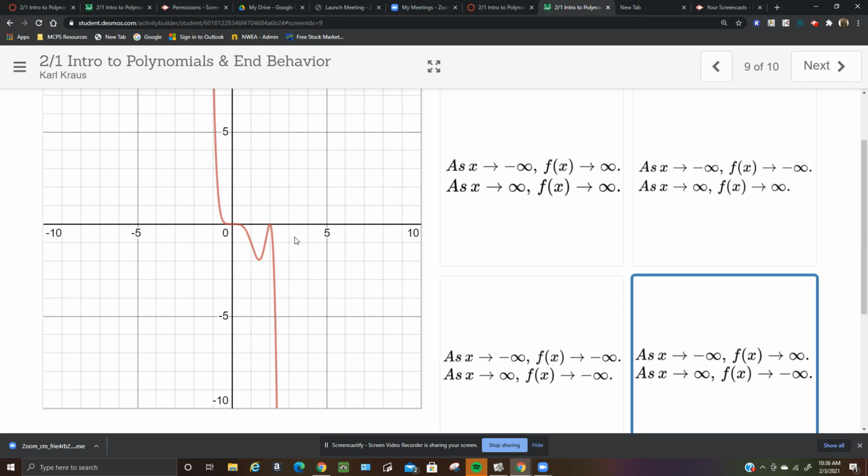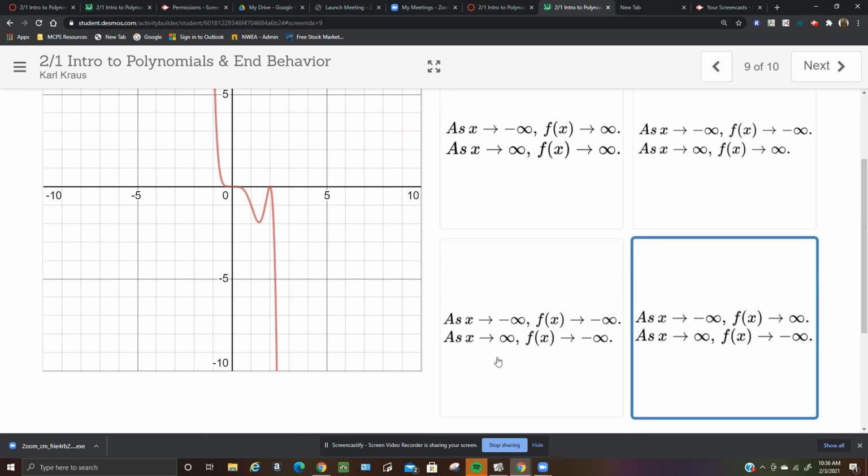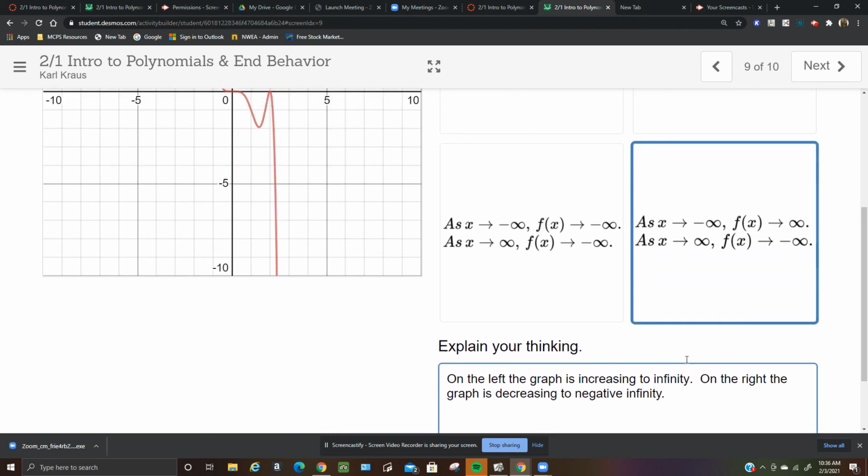It's going up, and then on the right, the graph is decreasing to negative infinity.